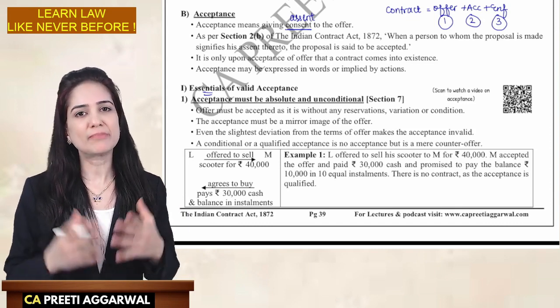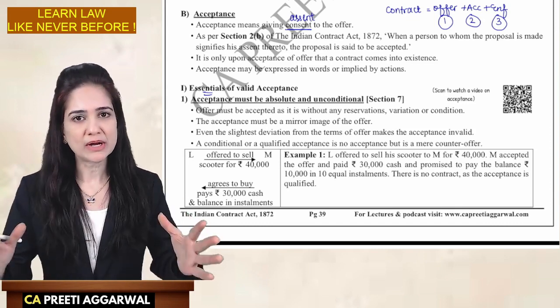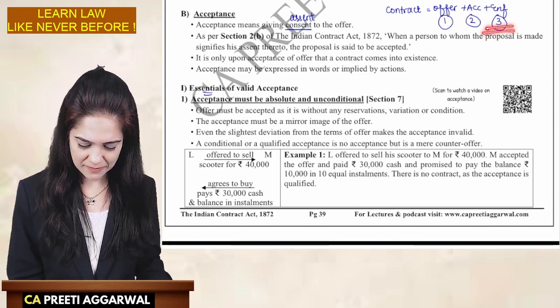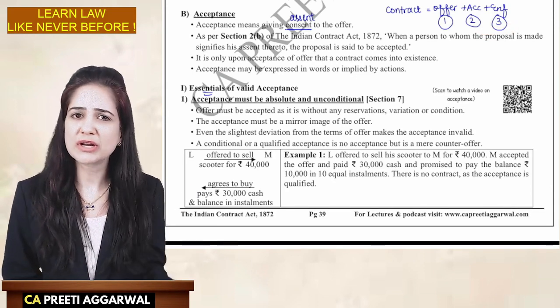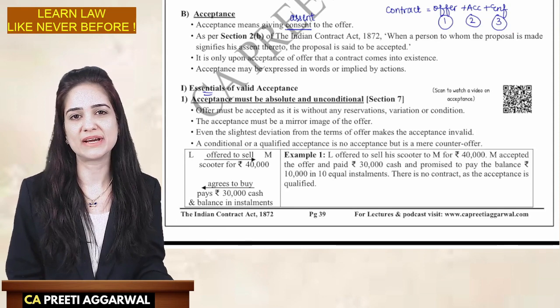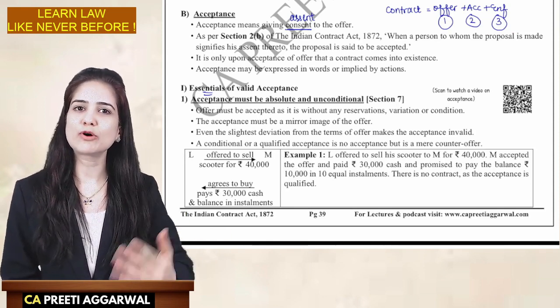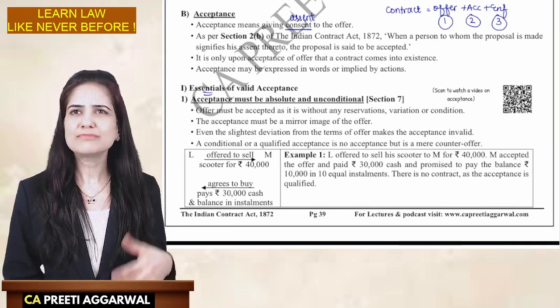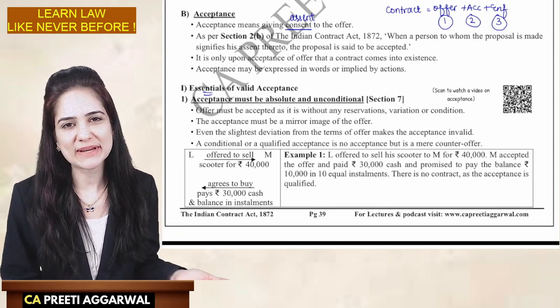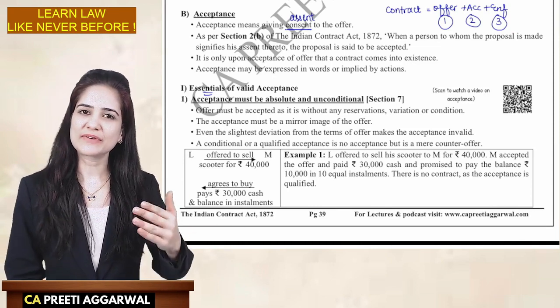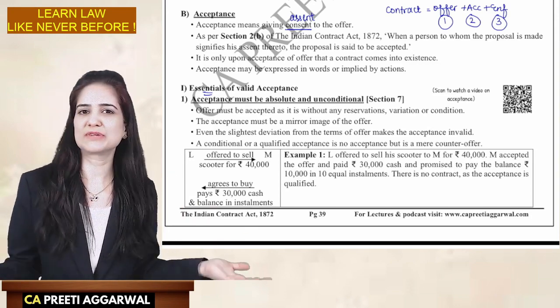Because students, there are many occasions wherein we assume that there is enforceability. Like in case of business, commercial transaction, we assume there is enforceability. We are studying business laws, so I am assuming that we are talking about business transactions. That is why I always say offer, acceptance, it becomes a contract.